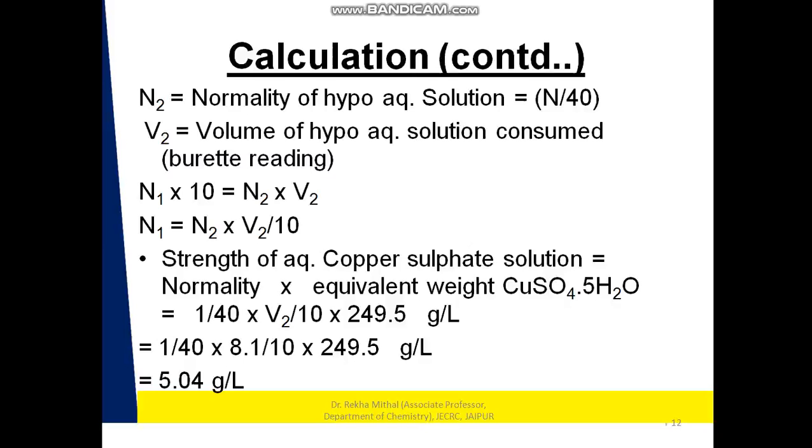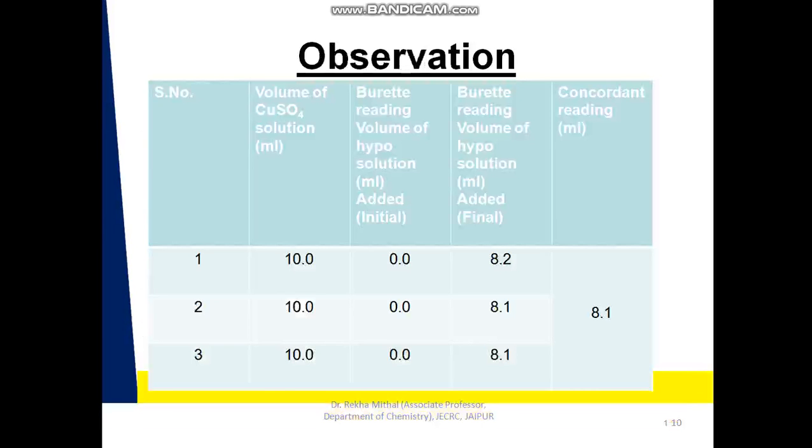249.5 is the equivalent weight of copper sulfate, because we are finding the strength. So strength is what? Strength is normality into equivalent weight. So strength is equal to 1 by 40 into V2, and we observe in the observation table our concordant reading is 8.1.